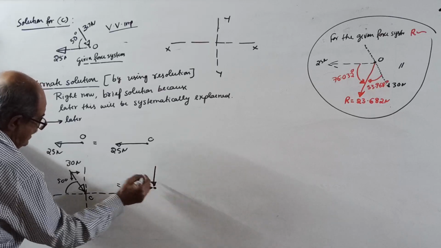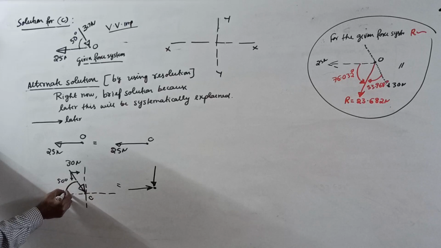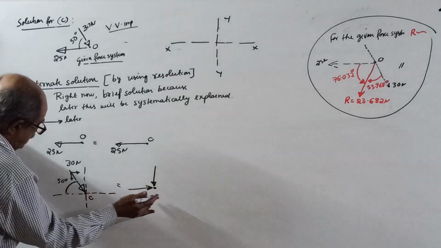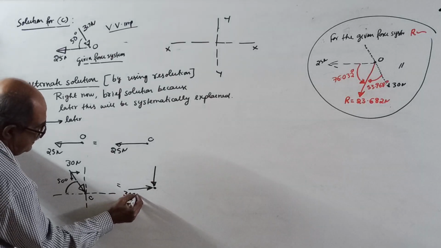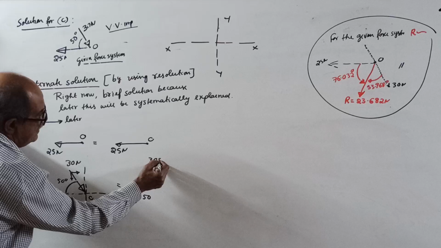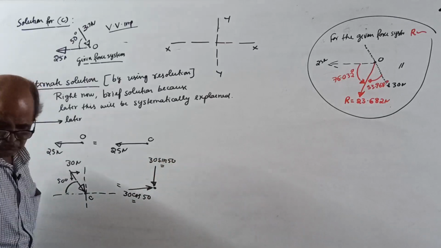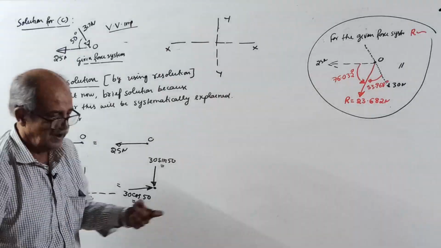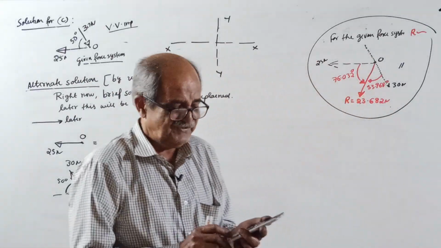Today you believe me. And remember, if you consider the angle with the X'X line or horizontal, the X component is always cos. So this is 30 cos 50, and this is 30 sin 50. Calculator here. I have not solved it because I have confidence.